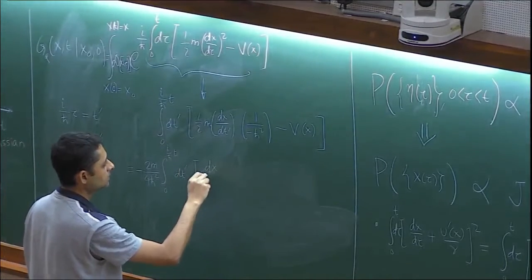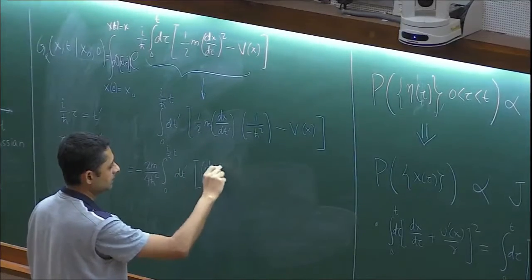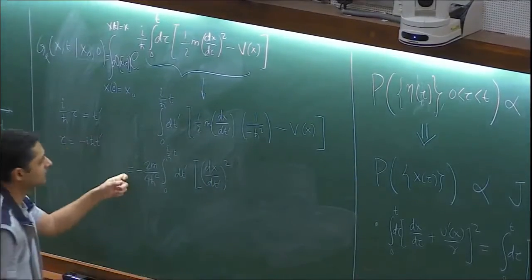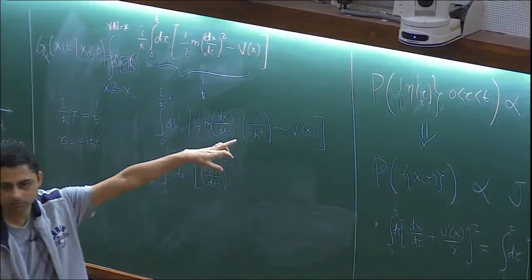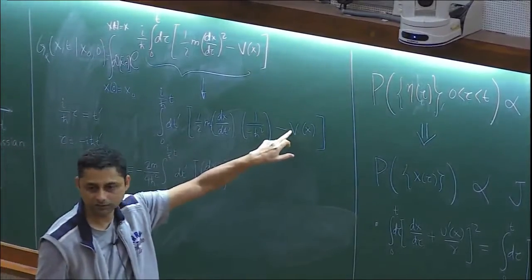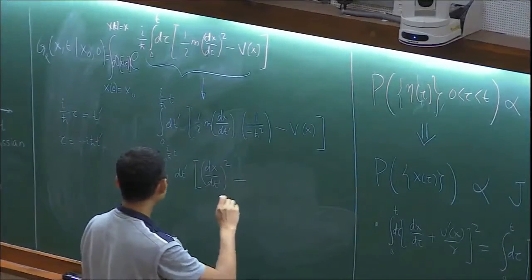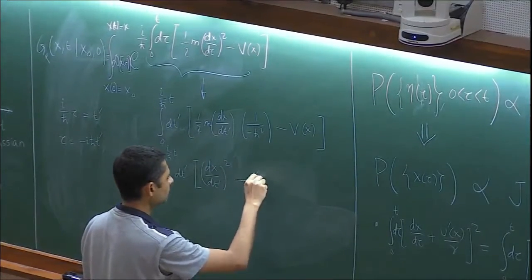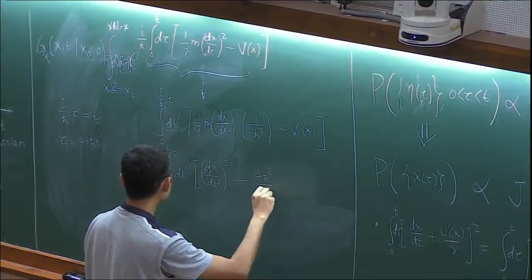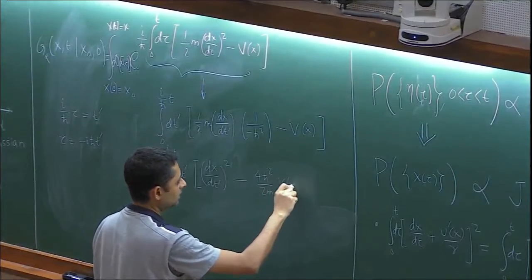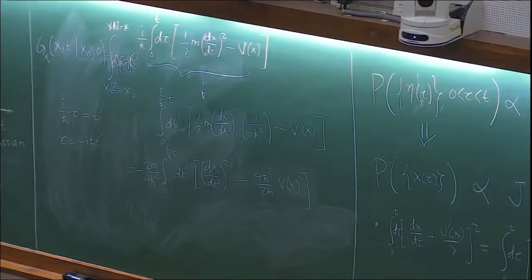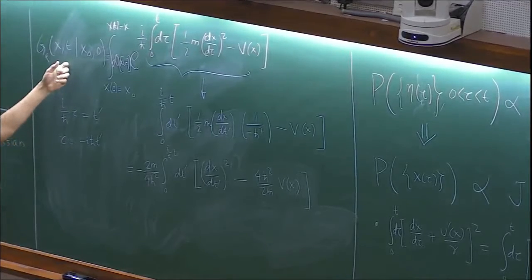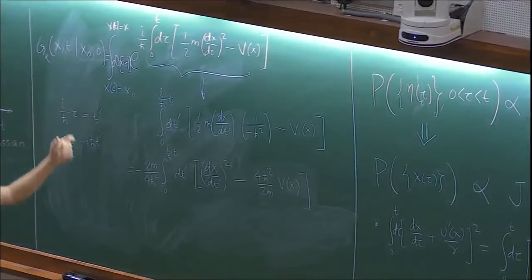So this is dx by dt prime whole square. The minus sign is already out, but I have taken out something here, so I should put it there because it didn't have anything. What I should put is minus 4 h cross square by 2m. This is my quantum propagator, which is given by this one.